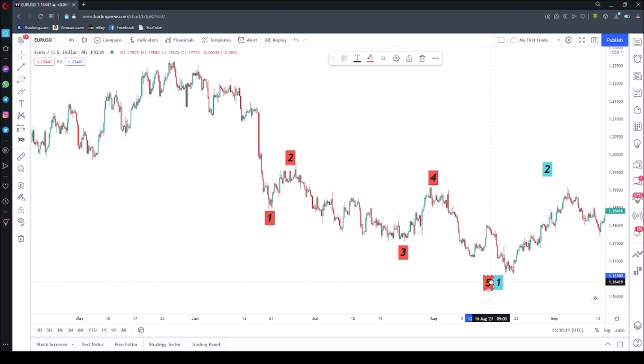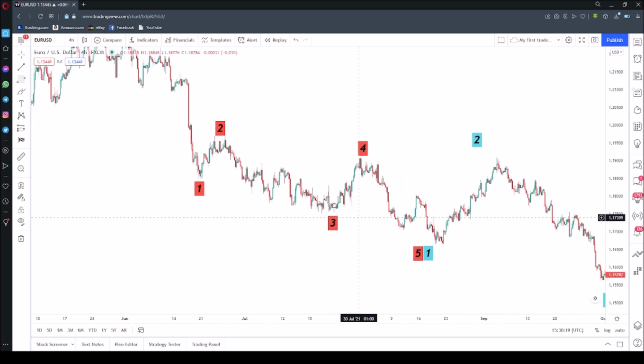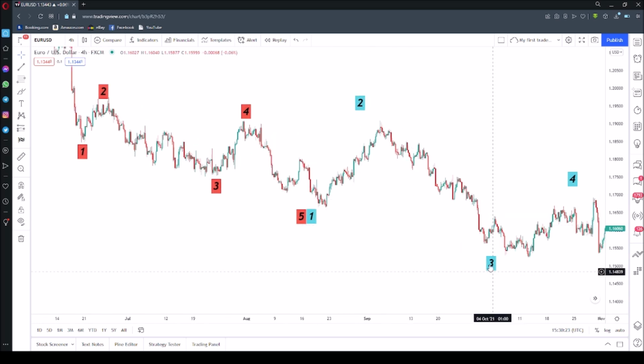Therefore, the first daily wave was complete. Let's now check the second daily wave to see if it has completed its waves on the preceding time frame.